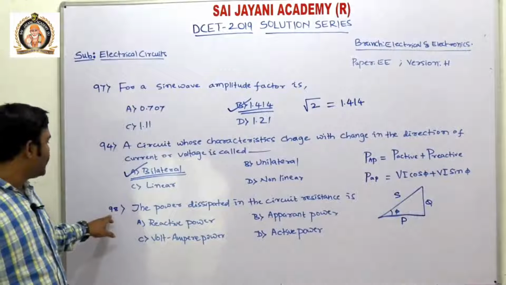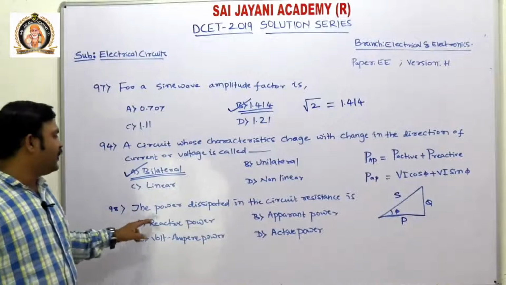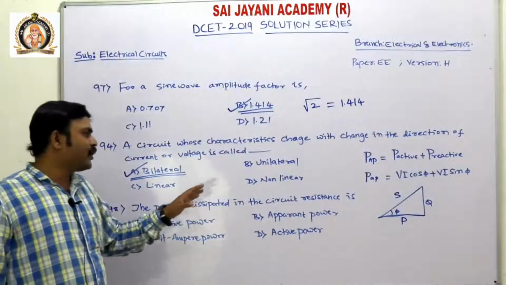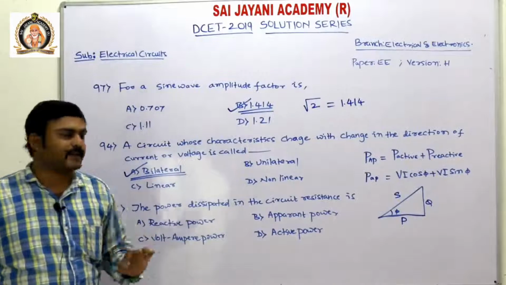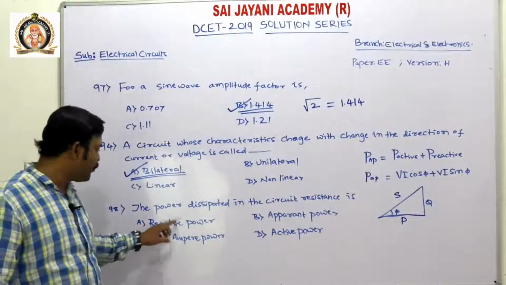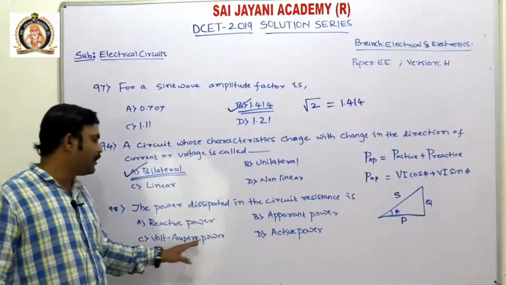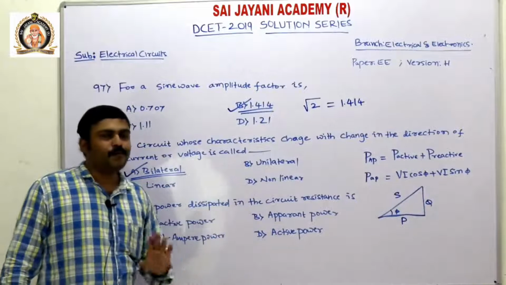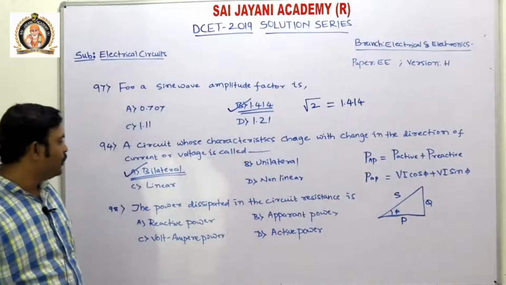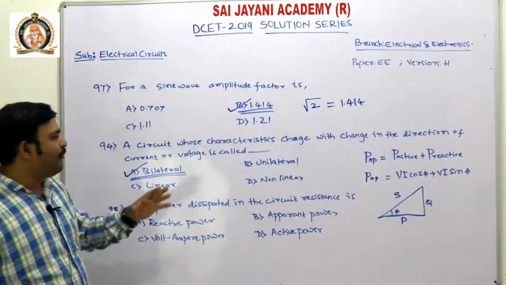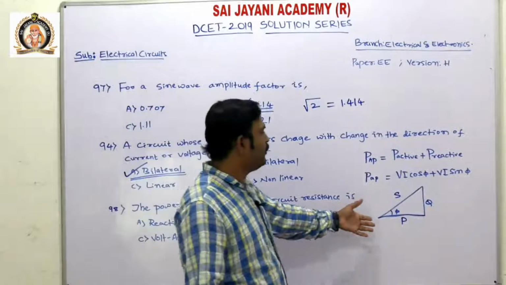Question number 98. The power dissipated in the circuit resistance is: first option reactive power, second option apparent power, third option volt ampere power, fourth option active power. So we have a power triangle over here.